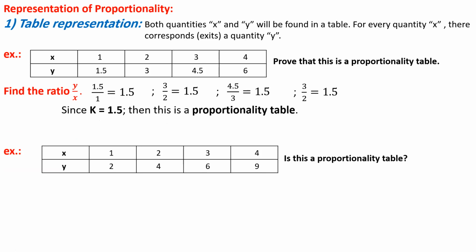So since k is equal to 1.5, this is a proportionality table, since we have the same k in all the table.